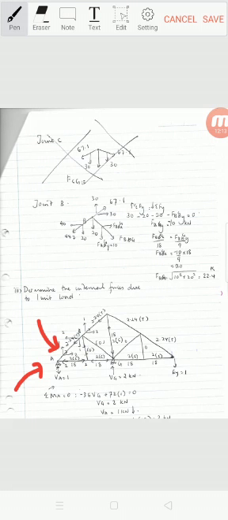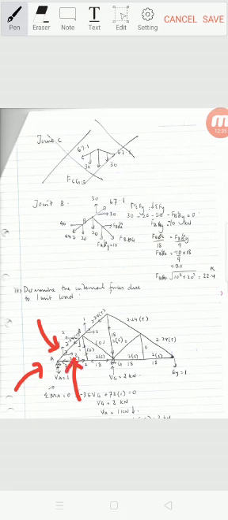The x distance is double the y distance. Therefore, the force of AB in the x direction should also be double the force in the y direction. So if the force in the y direction is 1, the force in the x direction is 2. So we get 2 here.